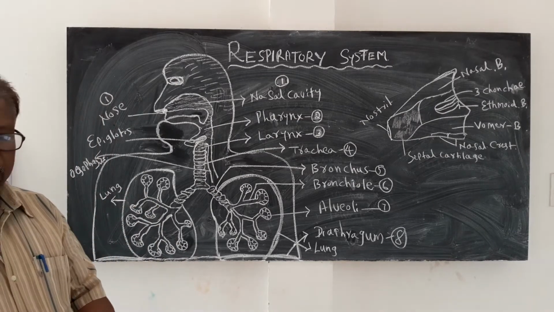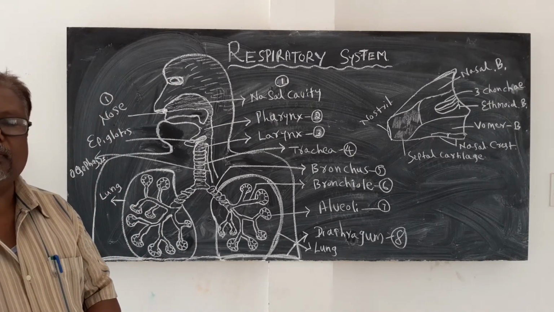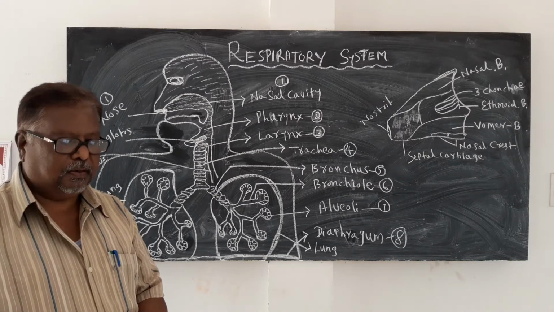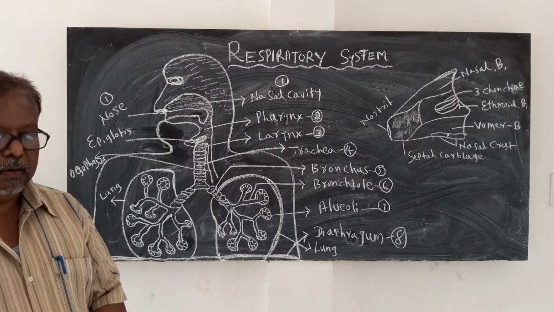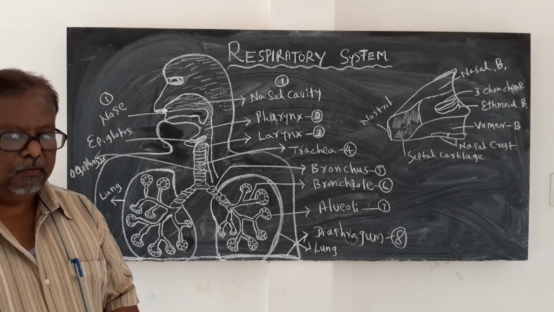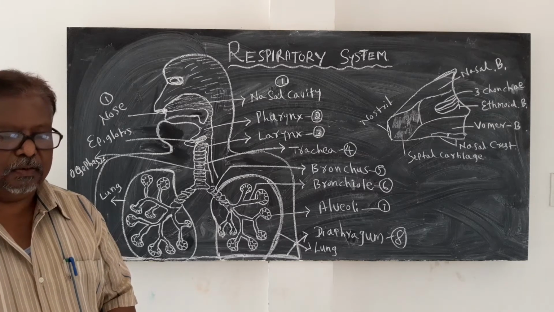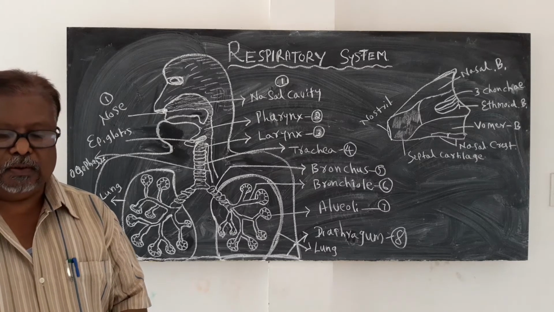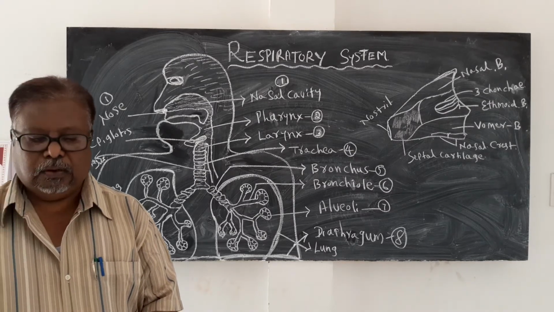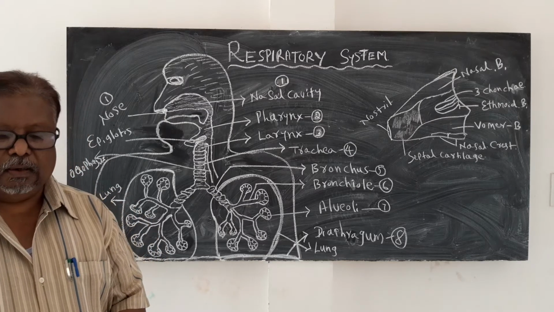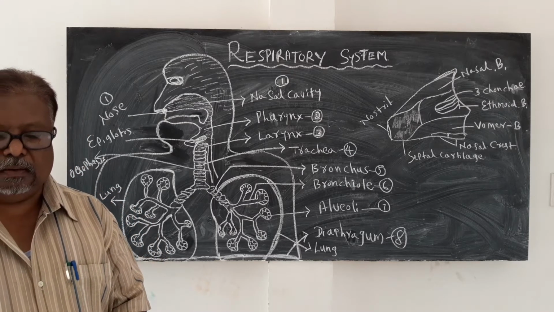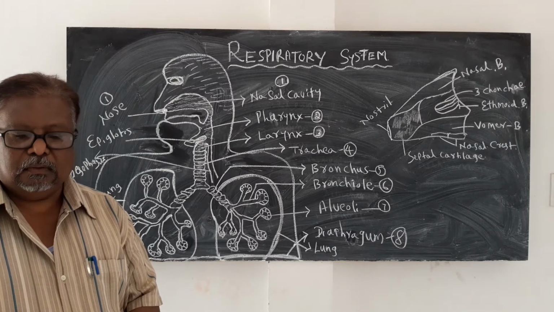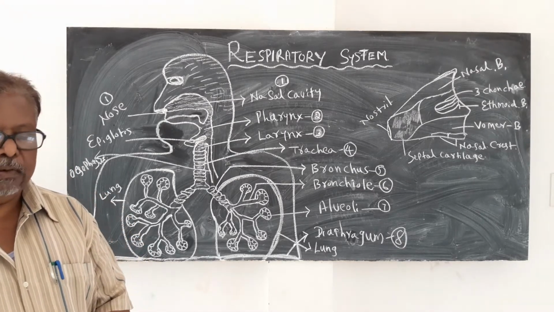Today, as I told yesterday, we are going to study about the respiratory system. This is a new chapter for BSc 1 nursing students, Health 2, that is DHI 2 students, then lab technology second year students, DMLT 2 students.